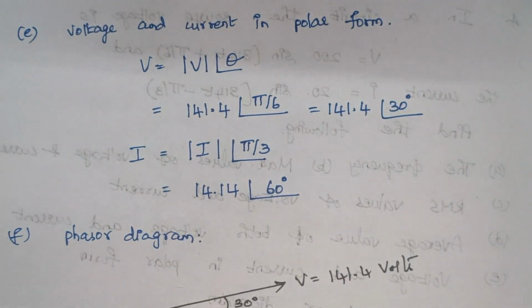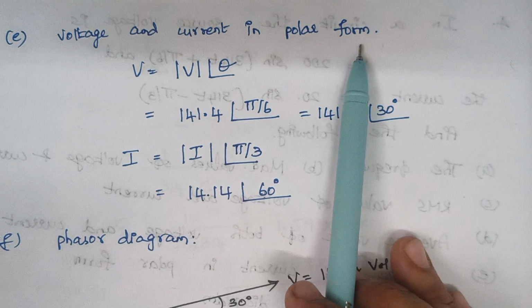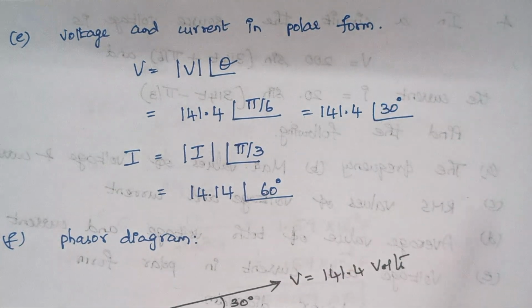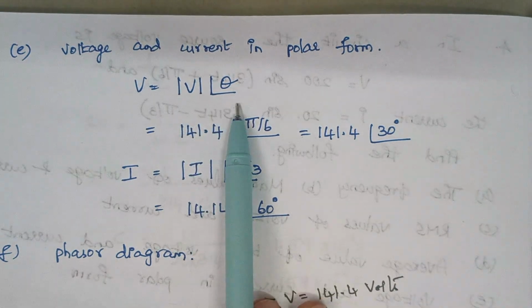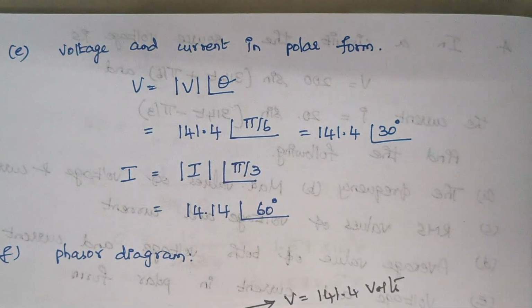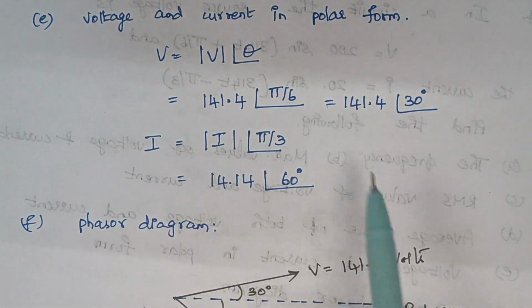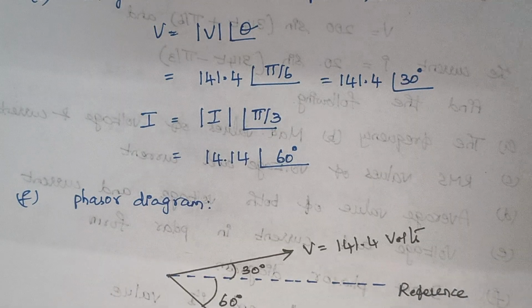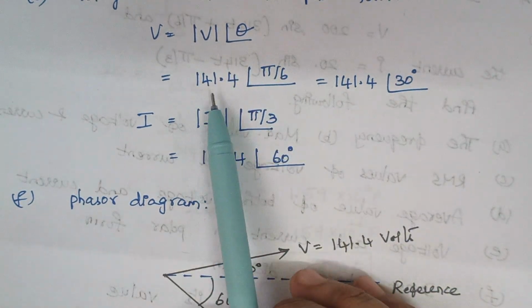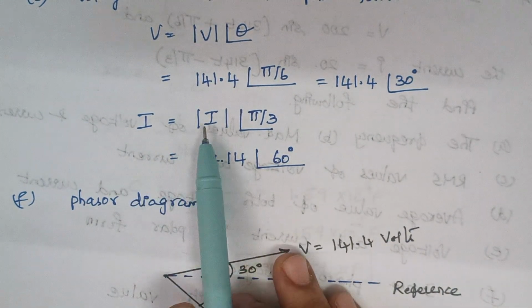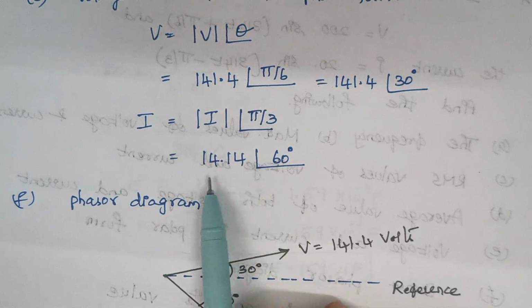Now we have to represent voltage and current in polar form. A polar form always consists of a magnitude along with an angle. Here we should always write the RMS value, so the voltage is 141.4 and similarly IRMS is 14.14.